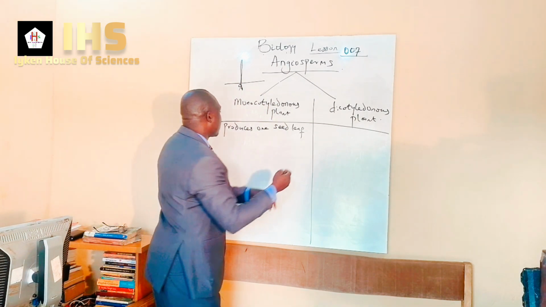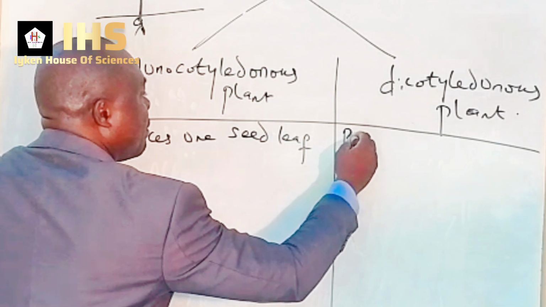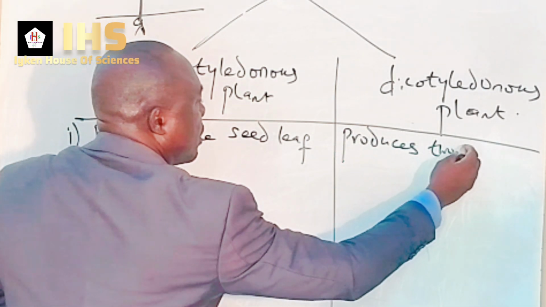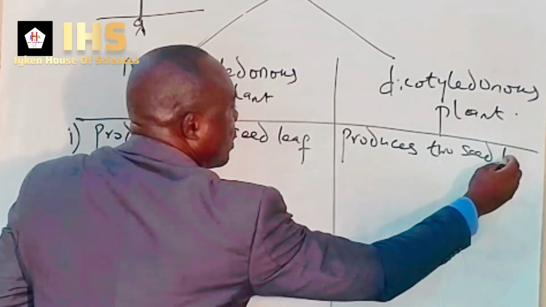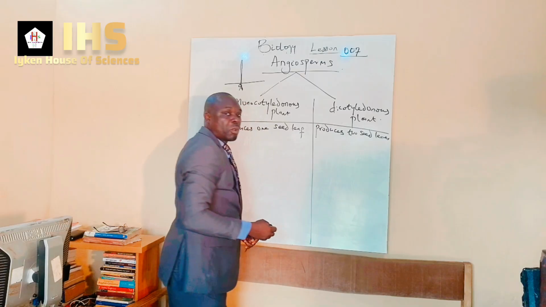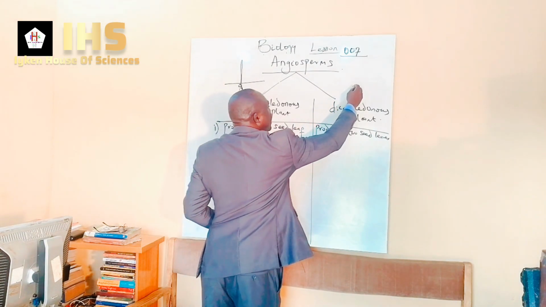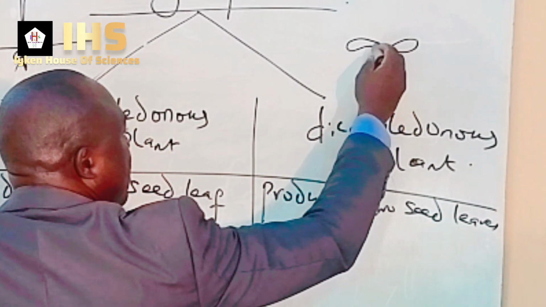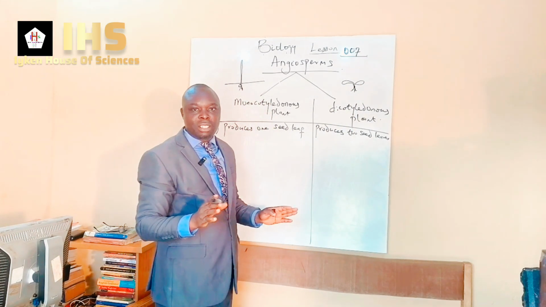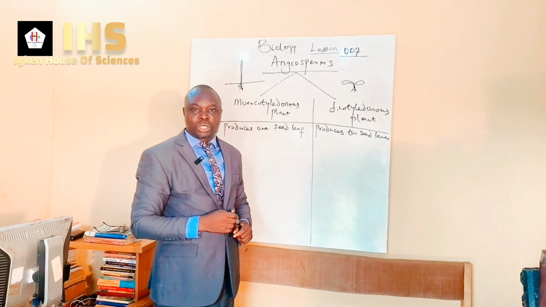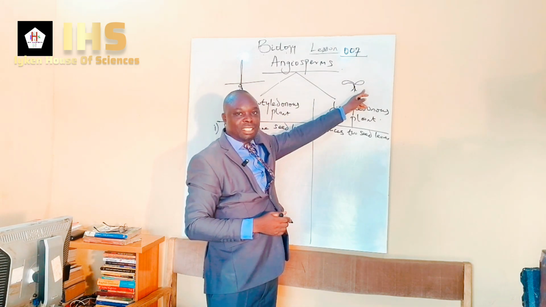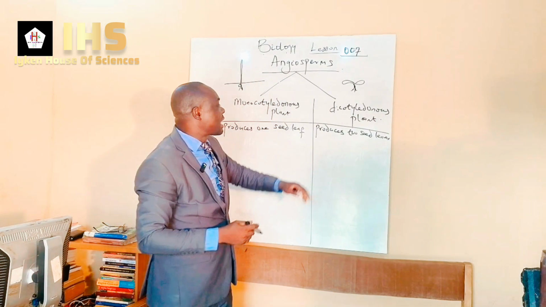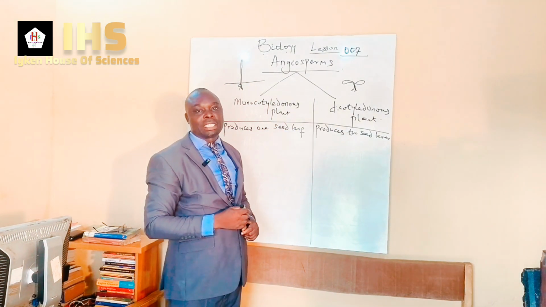This one produces two seed leaves. When beans are germinating, they germinate like this, two seed leaves. Those that produce two seed leaves are classified as dicot plants.